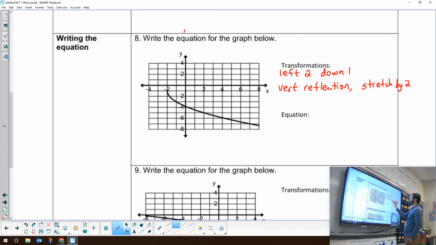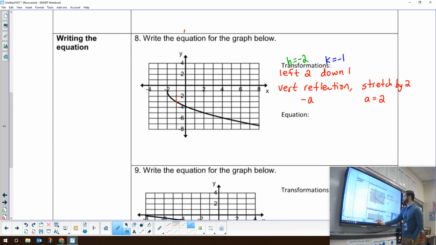All right, so what does that tell me we have? Well, that means we have a negative a, and that tells me that my a equals 2. Now, how do I know I have a stretch by 2? Well, take a look at this guy. Do you see how it goes down 2 over 1 instead of just going out to that point? It actually goes down 2 over 1 to that point, so that's how I know I have a vertical stretch by 2. And since we go to the left 2, that means my h is negative 2, and my k is going to be negative 1.